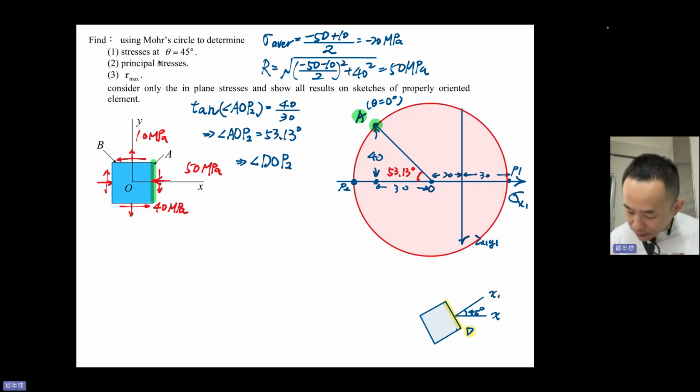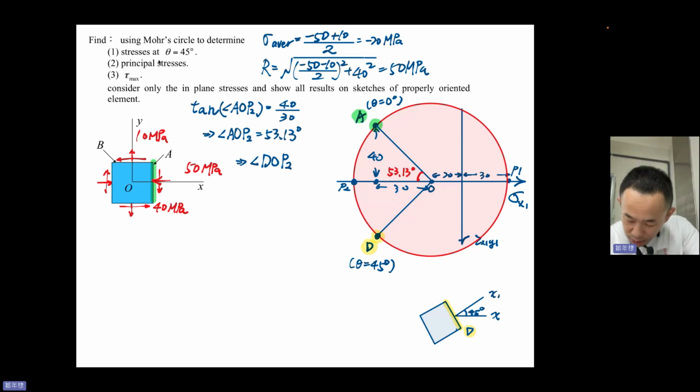So it's 90 degrees here. Okay, 90 degrees. So this is D. And in the real world, this is theta equal to 45 degrees. All right.